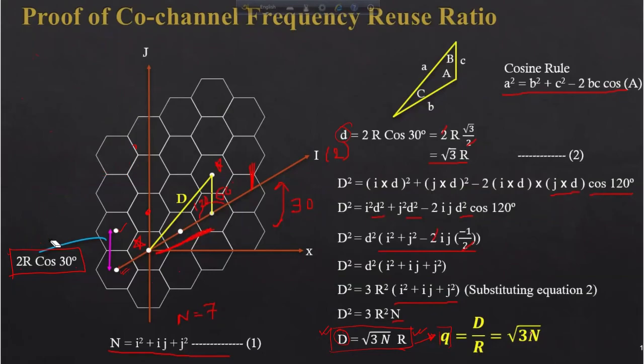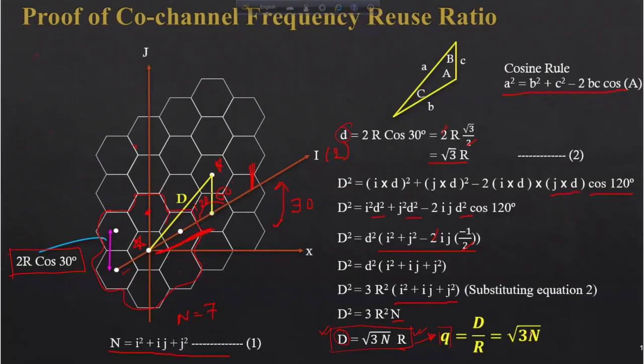Then let's continue our derivation. All these are cells. Say for example, this is one cluster. In each cluster, we have 7 cells.